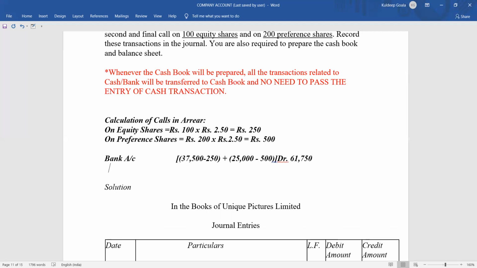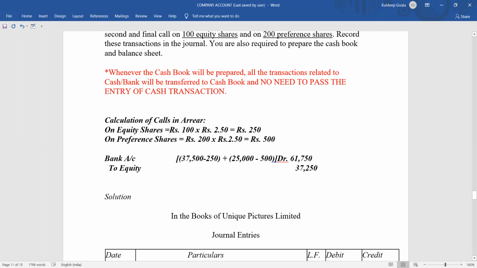So on equity, how much are we going to receive? In case of equity, it will be 37,500 minus 250, that means 37,250 rupees, right?